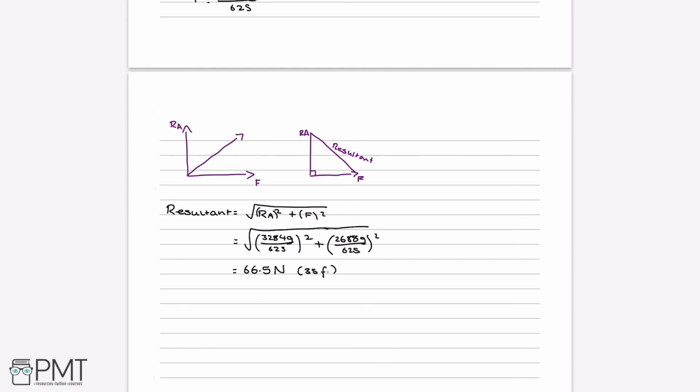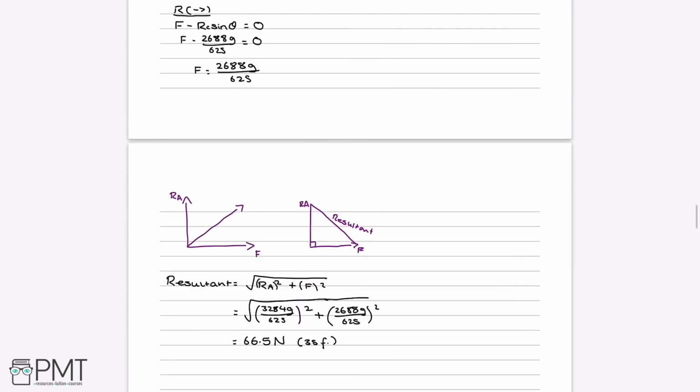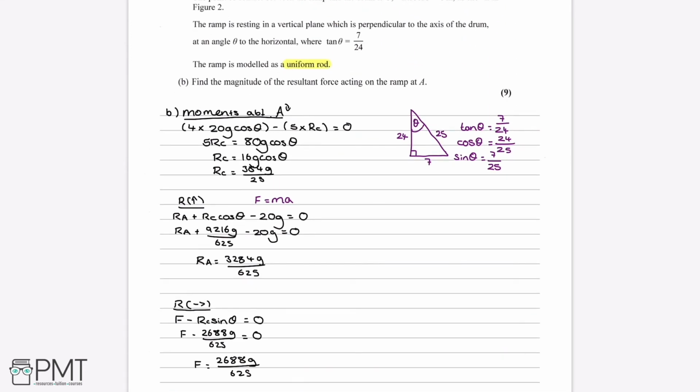And now this question was worth 9 marks. So if we go back to look where these all came from, we get a total of 6 marks for these first 3 equations that we constructed for the moments about A and then resolving vertically upwards and horizontally. The reason we get 6 marks for that is because you get a method mark and an answer mark for each one.